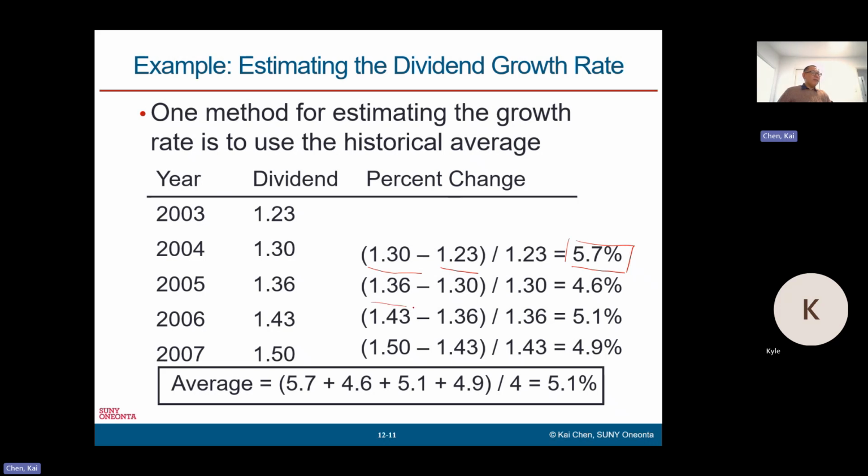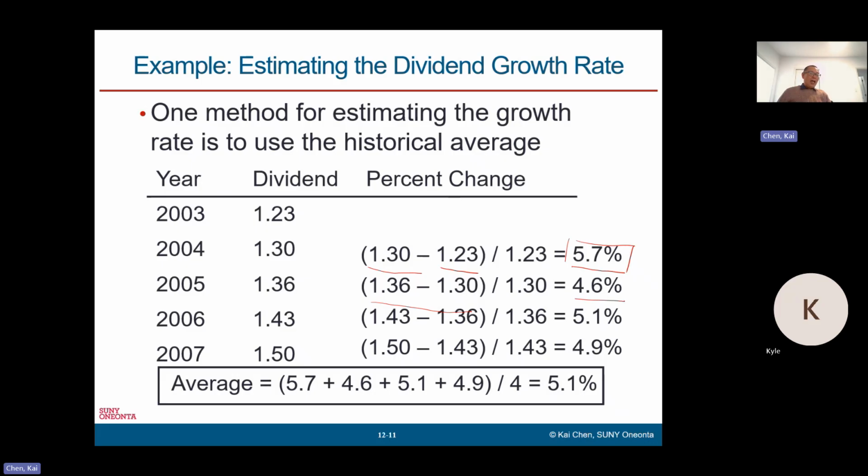I do the same thing for 2005. For 2005, the ending value, the 2005 dividend $1.36, minus the beginning value, that is the 2004 dividend $1.30, then divided by the beginning value, the 2004 dividend, then I can get the number.